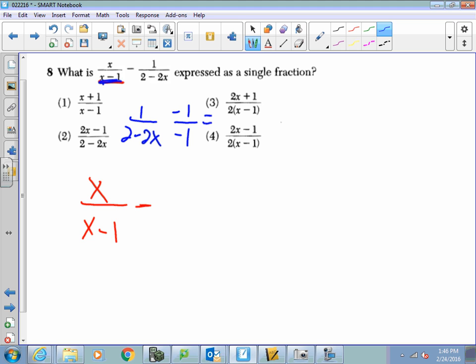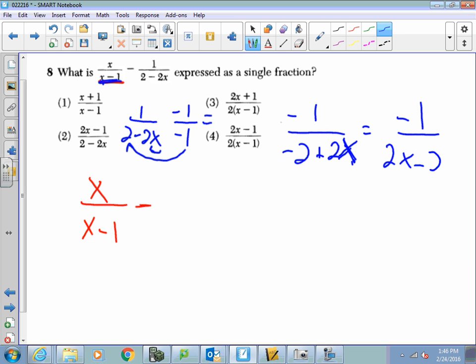So now that's going to equal, over here, negative 1 over, and when you do negative 1 times all this, you end up with negative 2 plus 2x, and you can write negative 2 plus 2x, that's equal to 2x minus 2.